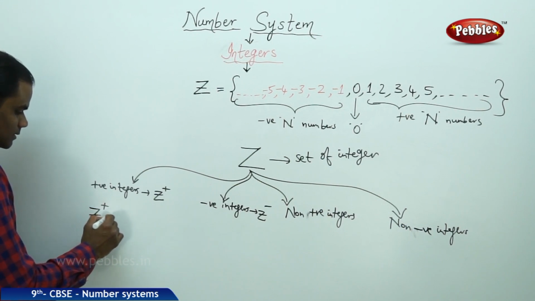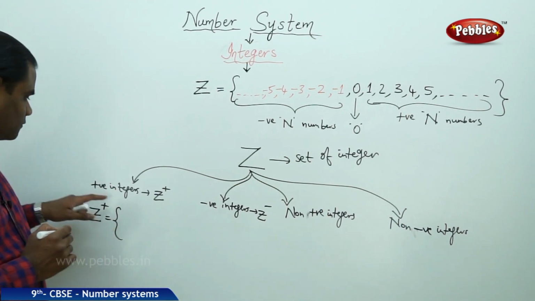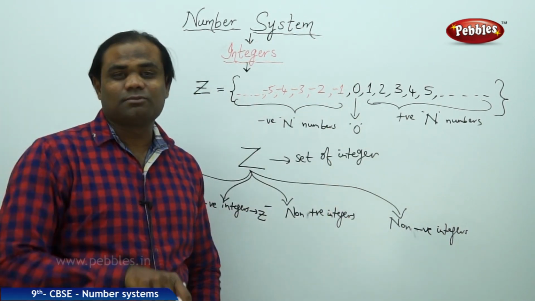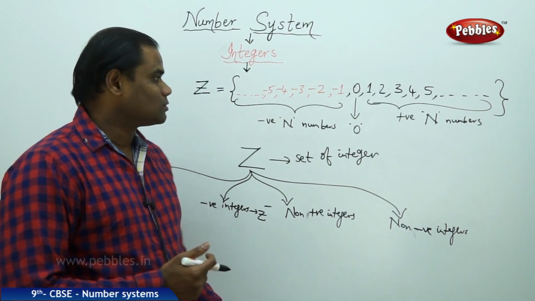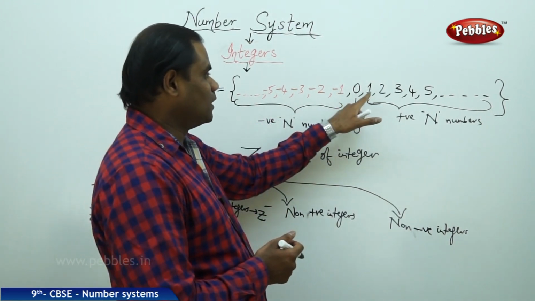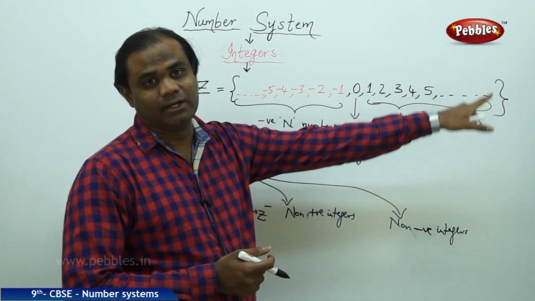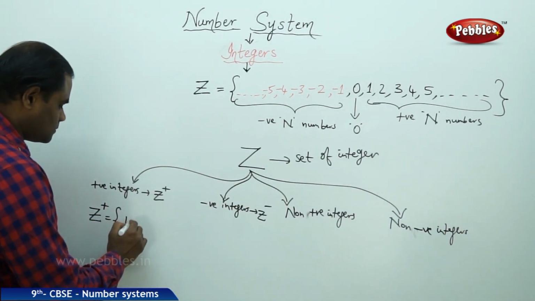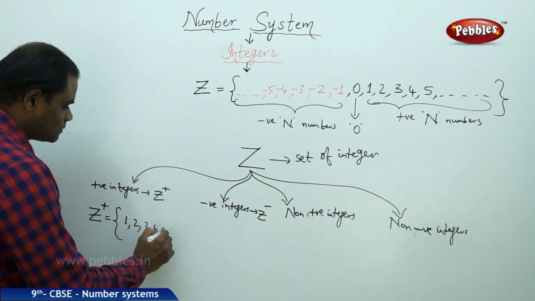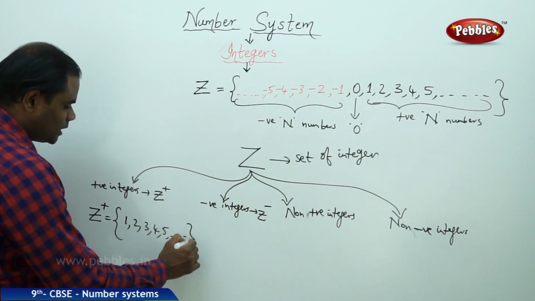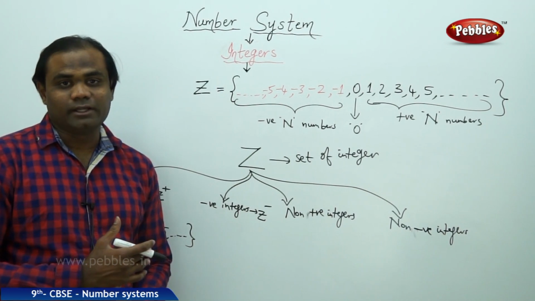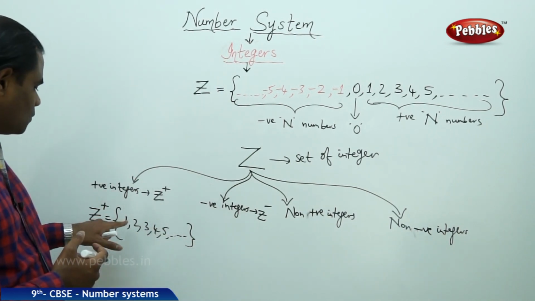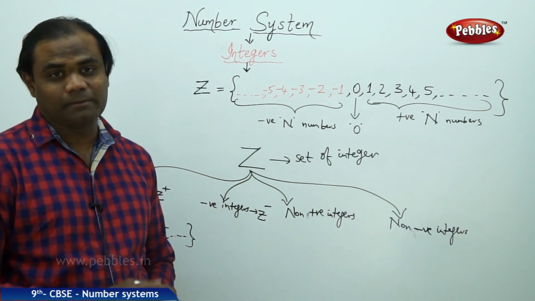Z plus, as clearly mentioned for positive integers, states that we pick only the positive part of the integers. So we know that the positive integers start from 1, 2, 3, 4, 5, etc. Therefore, this set Z plus has all the numbers which start from 1 and end at infinity. So the set of positive integers denoted by Z plus is now 1, 2, 3, 4, 5.